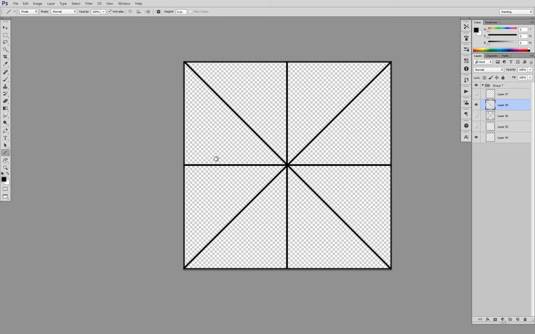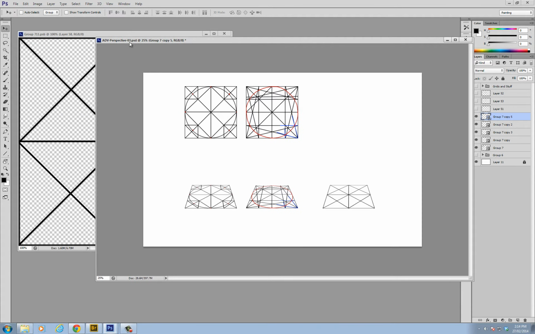But if we do this basic division, and then we draw a square within a square, let's take this. So then I've got this here.